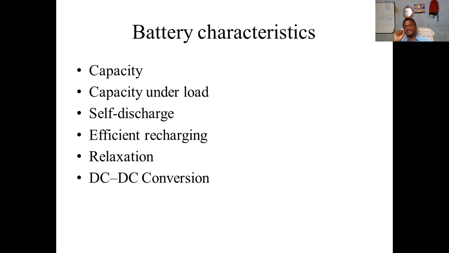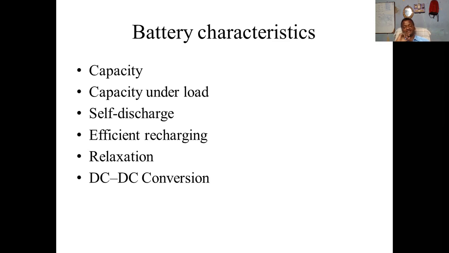Actually, the discharging of the energy should be as little as possible for more utilization. So the battery's self-discharge should be very low.